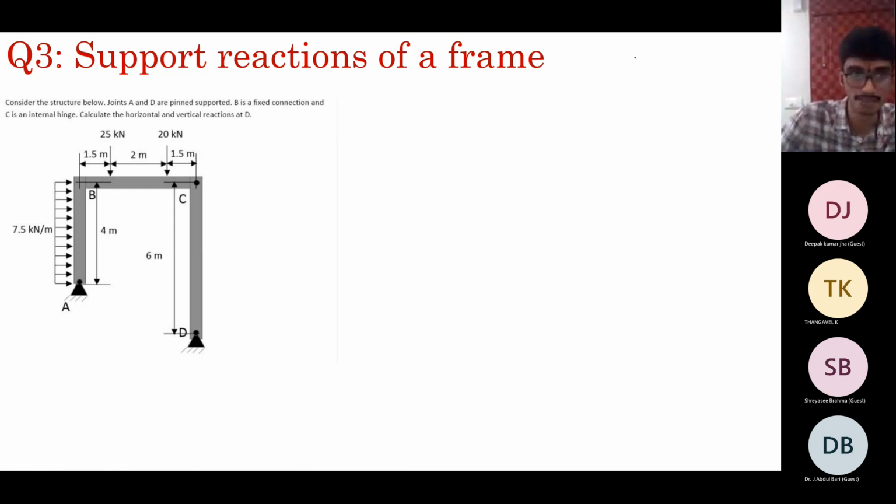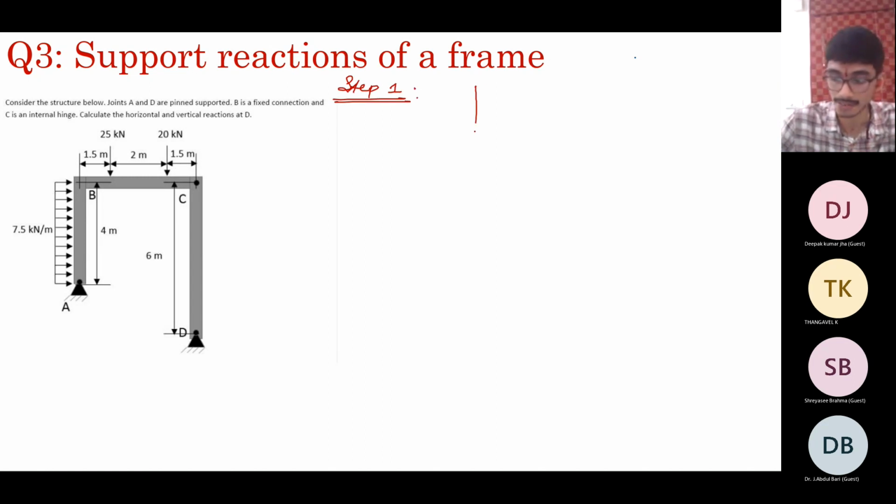Again, as usual, step 1: isolate AB, subjected to this loading.